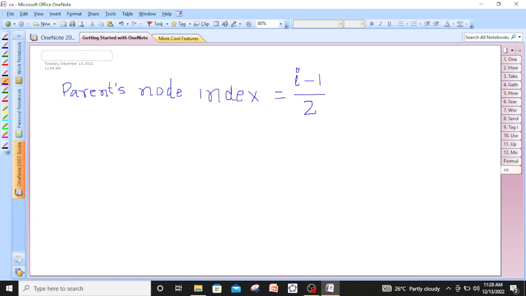This is the formula to get the parent node index of any index I.